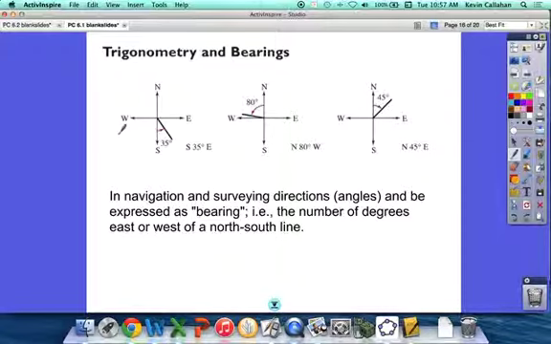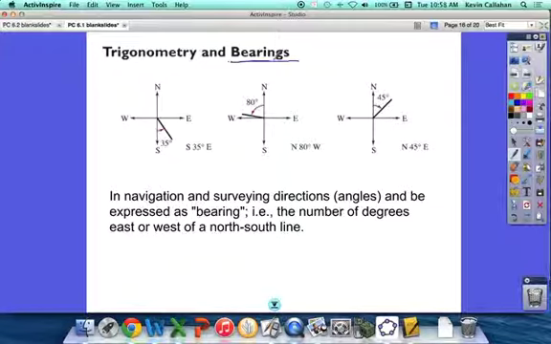Okay, this is one piece of section 4.8, which we need to address because it comes up even later in chapter 6. And that is the idea of bearings. If you sail, you may deal with bearings. When people are navigating, when they're trying to give their direction, they give it in terms of how many degrees to the east or to the west you are from a straight north-south line.